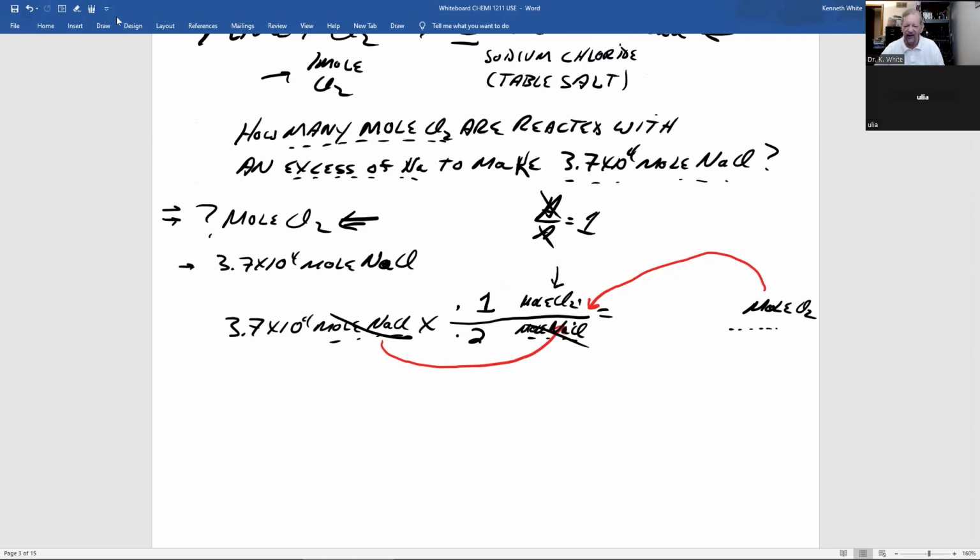The only units I have left are moles of Cl2, chlorine gas, and that's what I want. Yay. Now I can happily pick up my calculator, clear it, 3.7 blue double E to get to the 4, 10 to the 4th, divided by 2. And my calculator gives me this number.